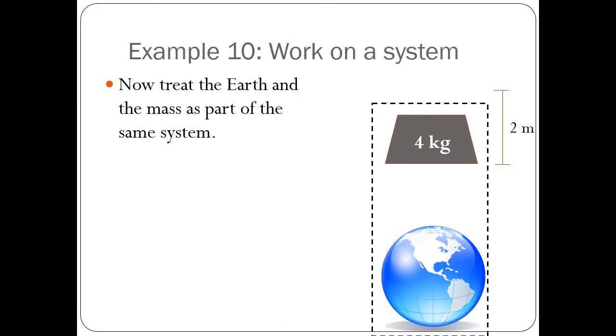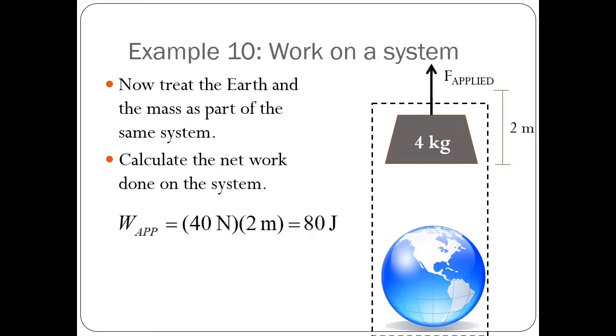It still has to be 4 kilograms times 10, so that's 40 newtons pulling it up over a distance of 2 meters, which means that 80 joules of work was done on the system, but we do not get any contribution from the force of gravity, because the force of gravity is part of our system. And so it is not an external force, it's an internal force, and it does no work on our system as a whole. And so the net work is equal to 80 joules.